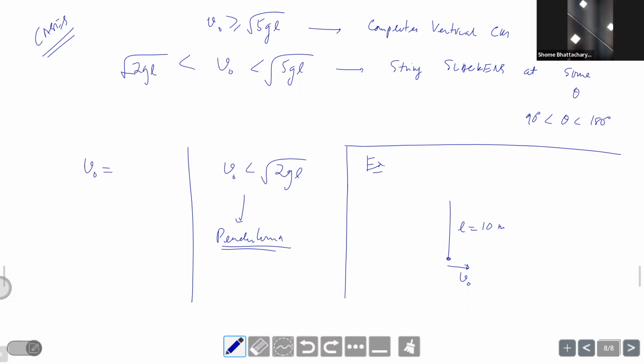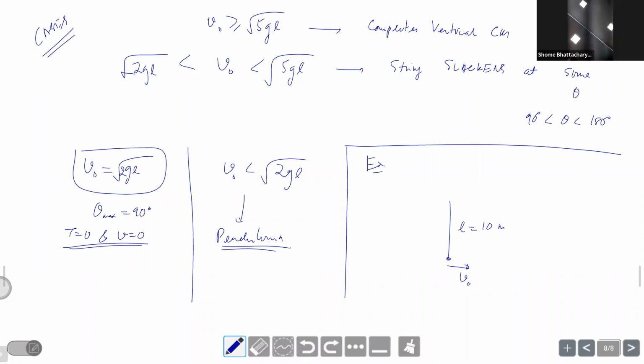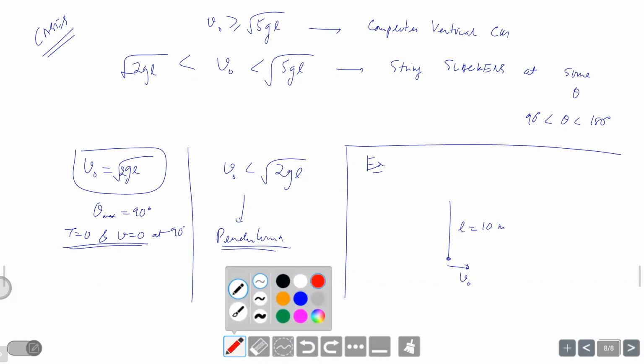V naught equal to root 2GL is a special case where the maximum theta reaches 90 degrees, and V is equal to 0 and T is 0 simultaneously at 90 degrees. So that's also almost like a pendulum, but with an amplitude of 90 degrees. Right, so that was correct. Please make this correction.